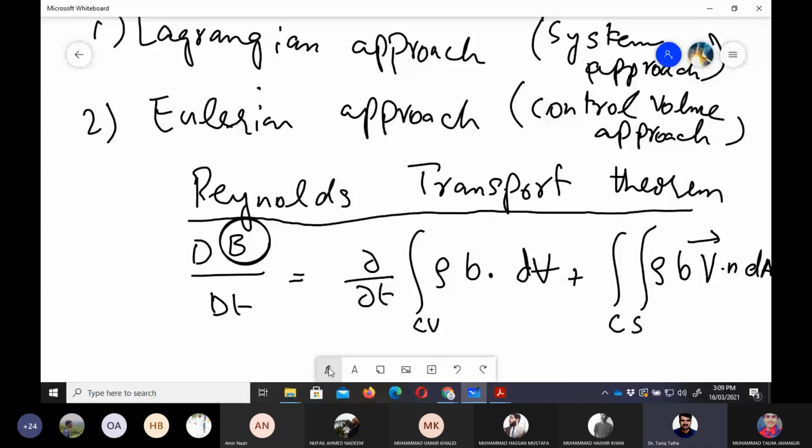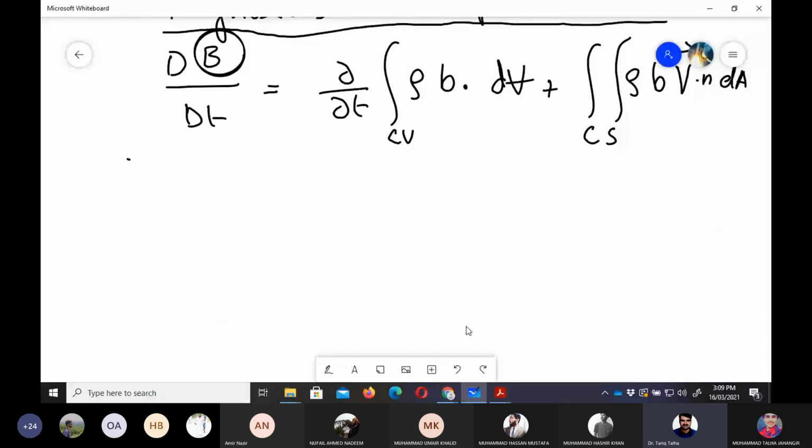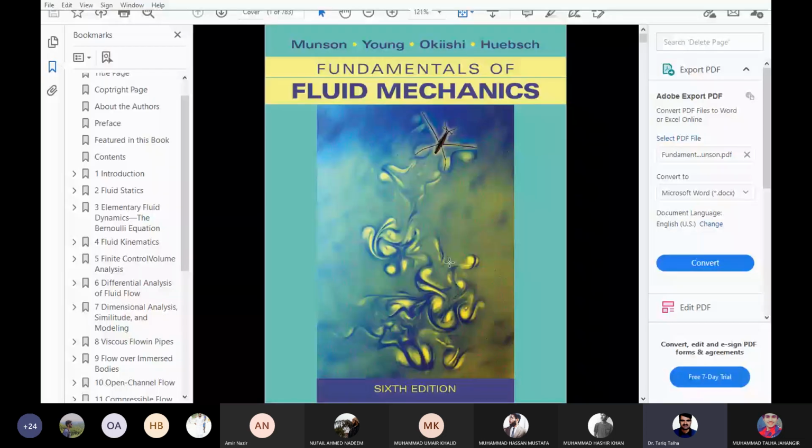That is the same book which we studied for FM1. Is it true that we have studied this book, Munson, Young and Okiishi, for FM1? Yes, sir. Okay, so we are going to continue with the same book.